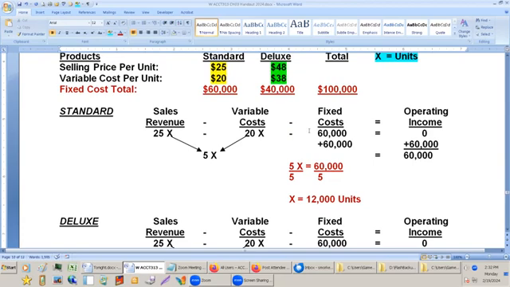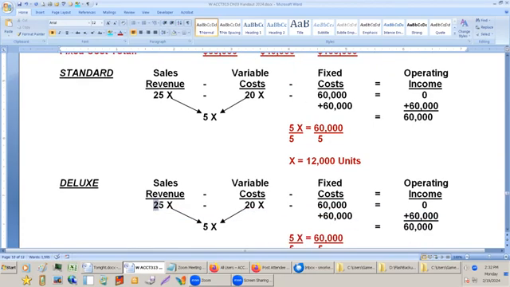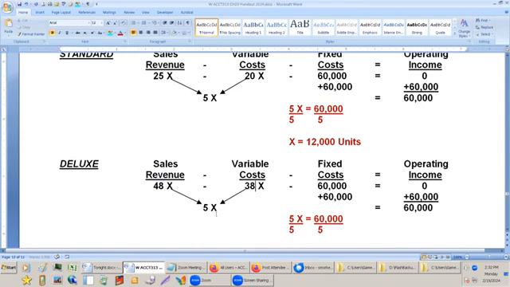The deluxe, the selling price is 48 and the variable cost is 38. This is 10.